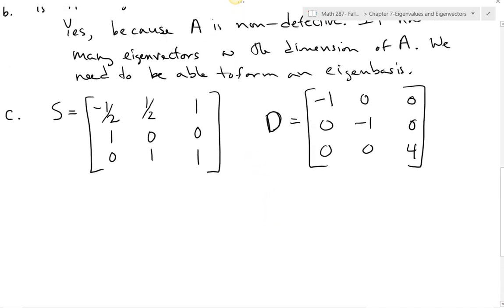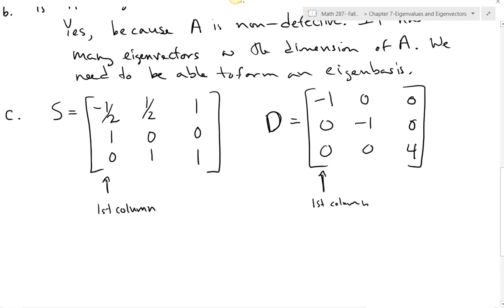The fact is that if this one here is in the first column, then its associated eigenvector has to be in the first column too. If we switch where our eigenvalues are placed, we have to switch where our eigenvectors are. And if we switch where our eigenvectors are placed, we have to switch where our eigenvalues are. They're connected, right? The placement of the eigenvectors and eigenvalues are connected.